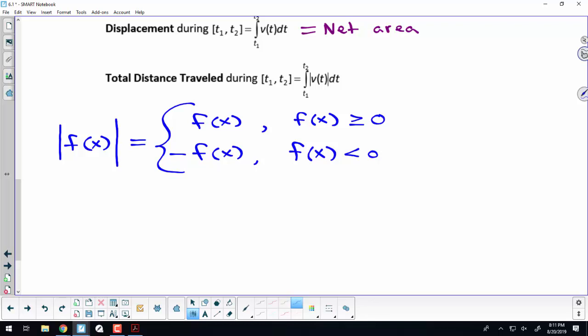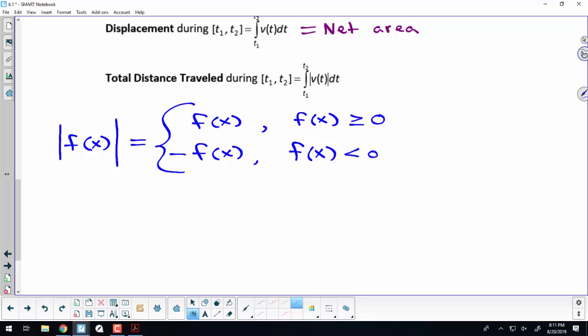And so we can calculate the displacement all day. If we're given a function, you don't even need to look at the graph. You just throw that in the integral. Fundamental theorem of calculus, there's your answer. The distance traveled does involve a graph, because before we throw this negative in front of something, we've got to be sure that the function is below the axis.